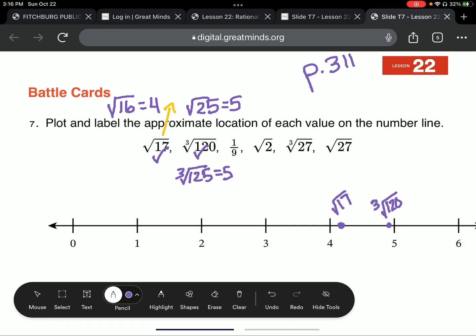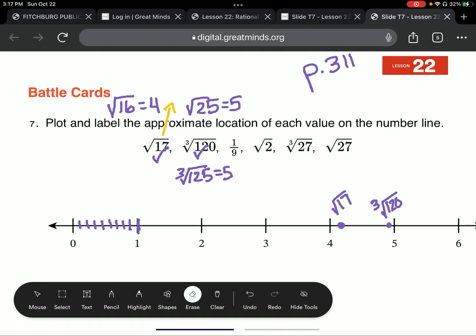Next, I have 1/9. Hopefully, we're all really good with that. That 1/9 is pretty small. It's as if I were taking this 1 and splitting it into 9 little even spots. So if I had 8 little lines, this would be 1/9, 2/9, 3/9, 4/9, 5/9, 6/9, 7/9, 8/9, and 9/9 would be one whole.